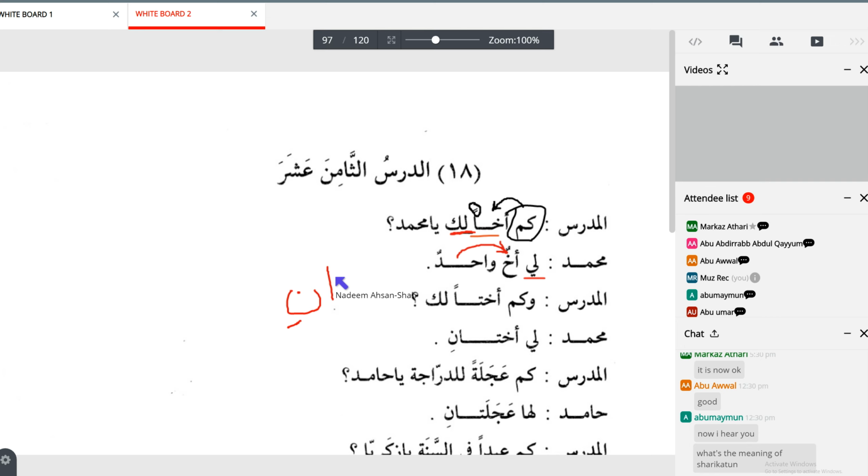The questioner says, وَكَمْ أُخْتًا لَكَ؟ How many sisters do you have? Notice how after the word kam, you have a noun. That noun is in the singular form, and it takes 2 fathas at the end of it.